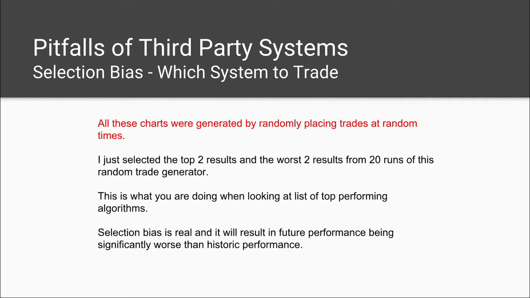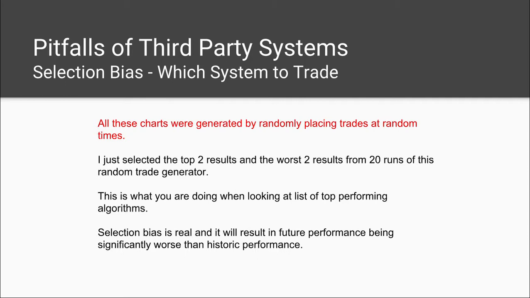And that's where you're introducing selection bias into selecting a third-party system. You're just looking at the top 10 of what could be thousands of strategies with absolutely no edge whatsoever. And what then happens is, because they're all just as likely to fail as each other, you put your real money into that system and it fails and you lose money.